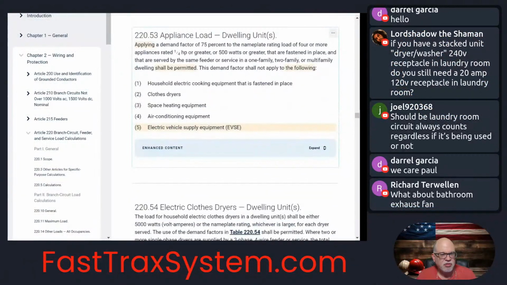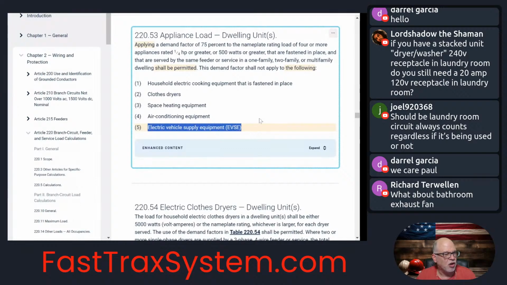So here's the appliance section, and you see in the 2023 that it again does not apply to the following. So the EV chargers cannot be in this mix. But here's the deal. That 75% demand when you have 4 or more is going to be based on this. It says 4 or more appliances rated 1/4 horsepower or greater, or 500 watts or greater.